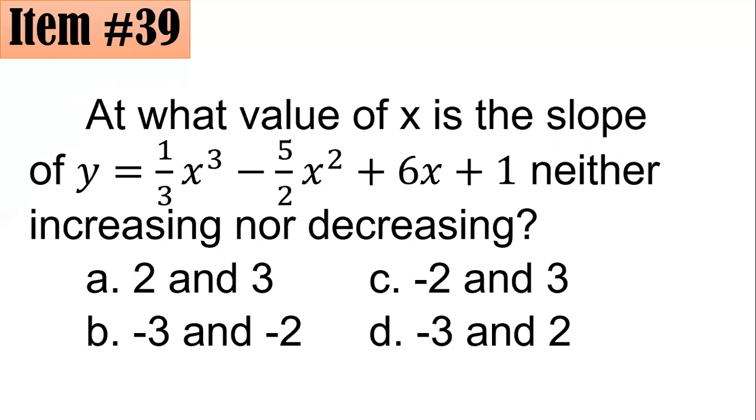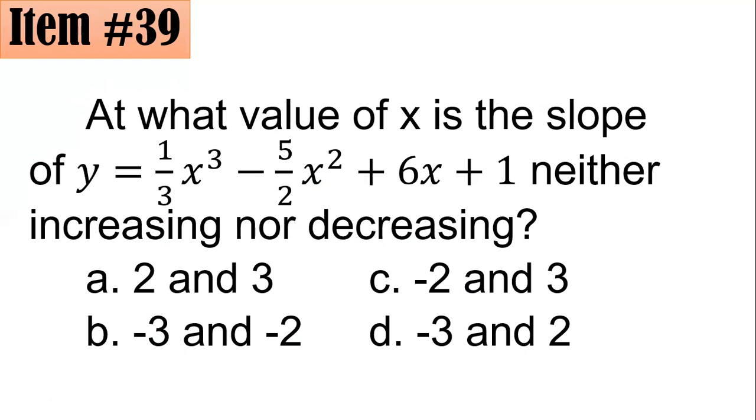To solve this problem, all we have to do is remember that the slope is the derivative, the first derivative to be exact. And since it's neither increasing nor decreasing, the slope has to be 0.